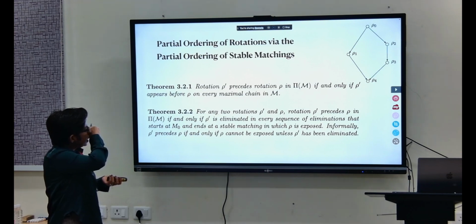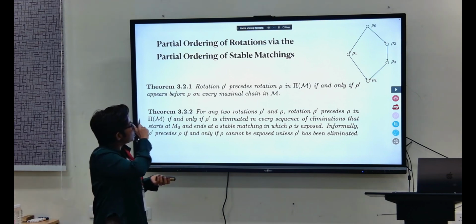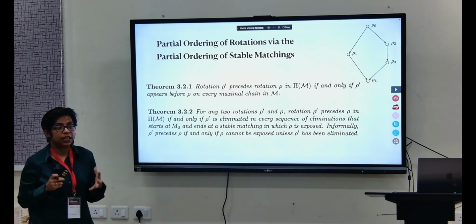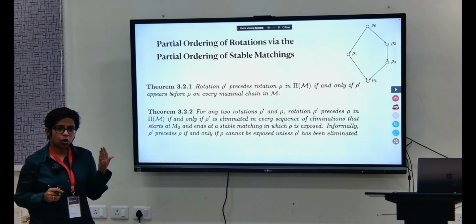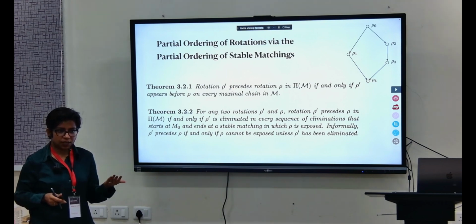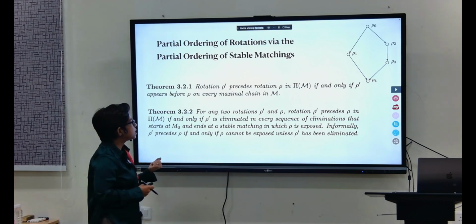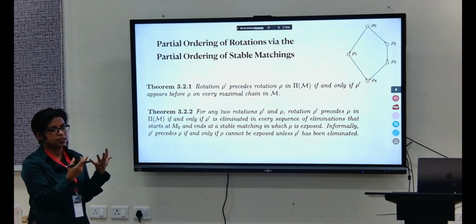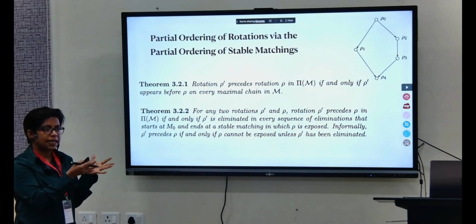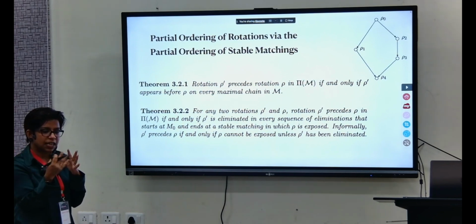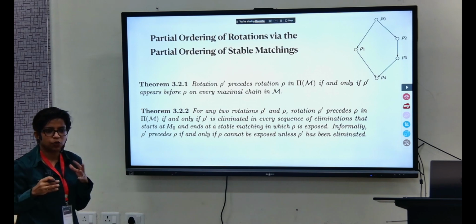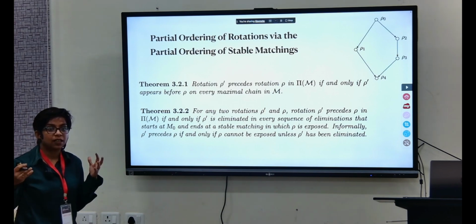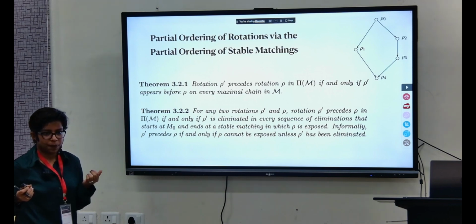Now, what we want is, basically we obtain the partial ordering on the rotations via the partial ordering on the matchings. It turns out there is a huge bit of correspondence there. So, from rotations I can actually go back to the stable matching. Like if I just had the rotation poset, the rotation partial ordering, I could infer what the stable matching lattice would look like.